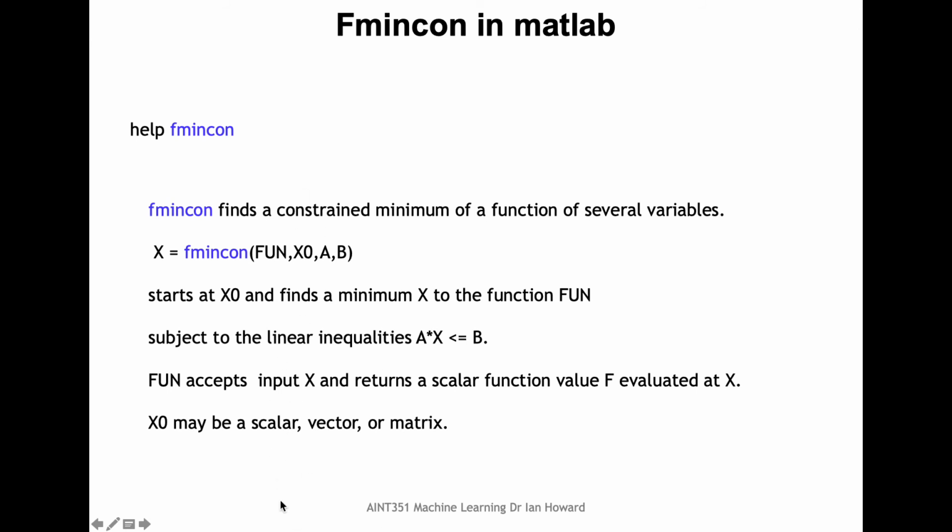This is a particularly useful one. X equals fmincon. The first argument, fun, is a function which is going to be your objective function. Then you give it an initial value, and then you can pass it some inequalities, so that it has to do things in a certain constrained way.